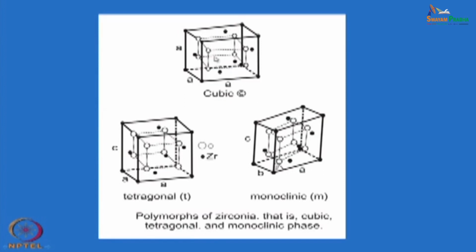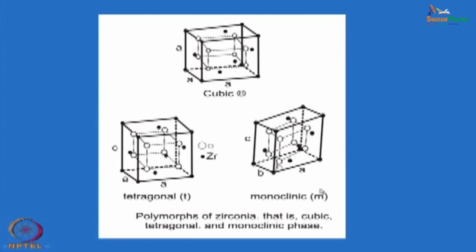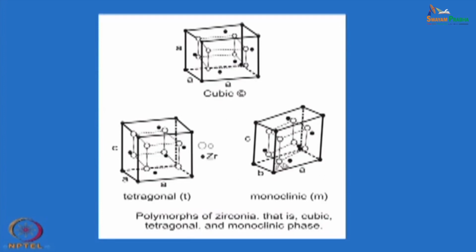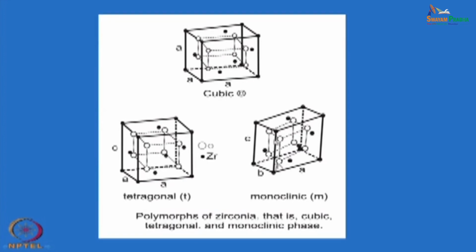This is stable at a very high temperature above 2200 degrees centigrade, whereas room temperature zirconia has a monoclinic structure. So, it is not a symmetric structure, it is a distorted structure. We will discuss the different symmetries in a few minutes. So, zirconia has three different polymorphs. One is monoclinic, then tetragonal, and then the other one is cubic.